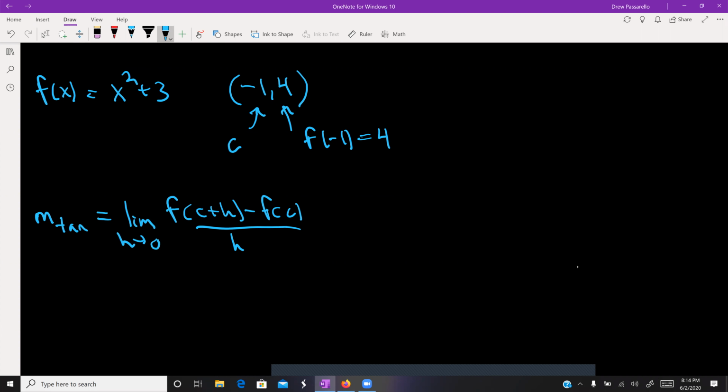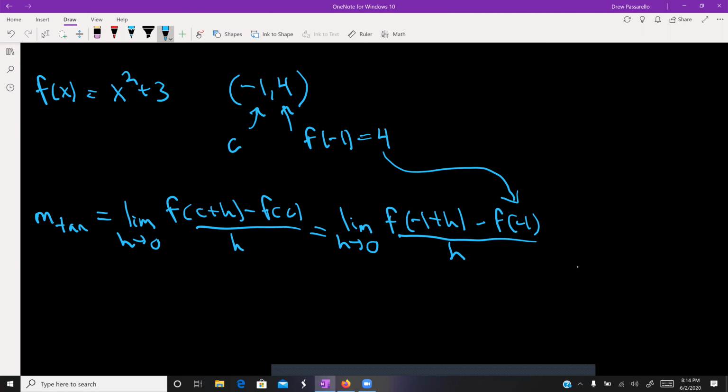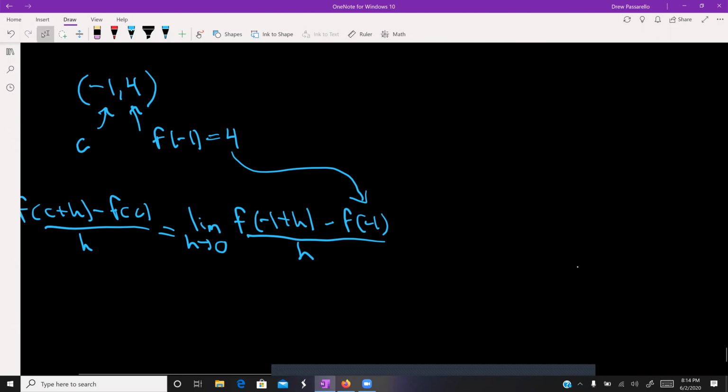In this case, C is -1, so that's the limit as h goes to 0 of f of -1 plus h, minus f of -1, all of that divided by h. And we know f of -1 is 4, so that's f of -1 plus h minus 4 over h.